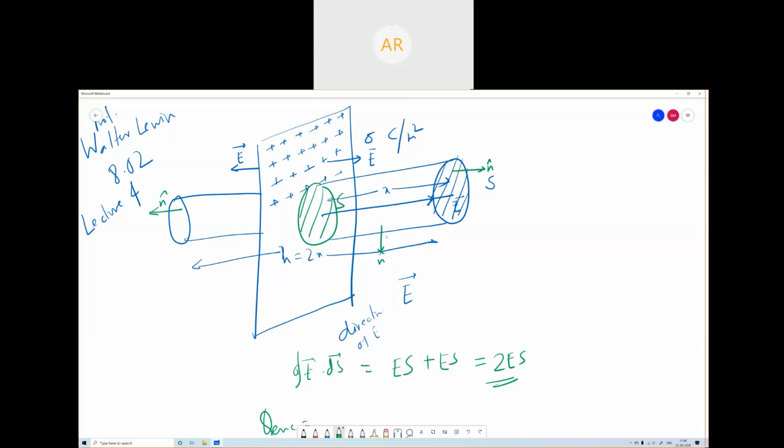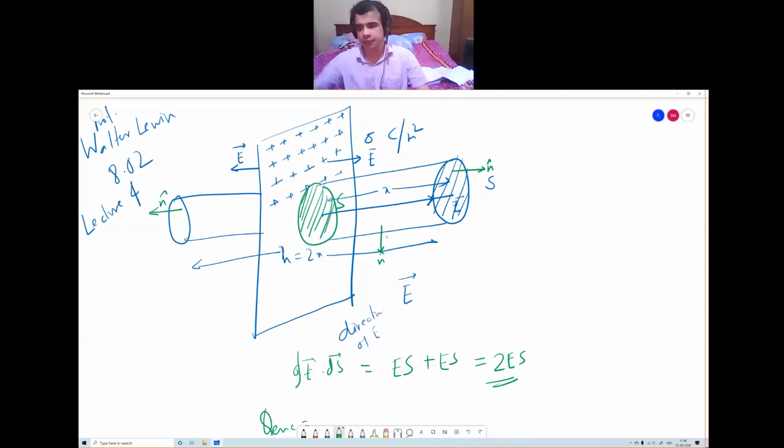The cylinder is cutting only this much part of the plane, which is S, because the top surface area of the cylinder will not change along the cylinder.